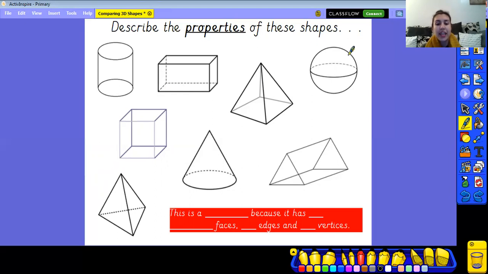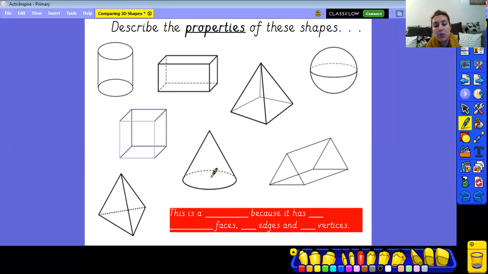This is a sphere because it has one curved face. It has got no edges and no vertices. This is a triangular prism because it has 2 triangular faces and 3 rectangular faces. Altogether, that's 5 faces. It has got 9 edges and it has got 6 vertices. This is a cone because it has one flat circular face on the base and one curved face going around the sides of it.